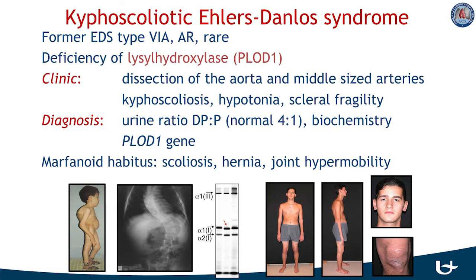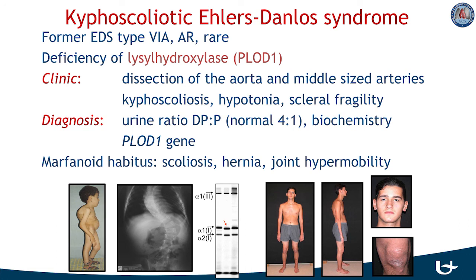A final form of Ehlers-Danlos syndrome is the Kyphoscoliotic type of Ehlers-Danlos syndrome, which is the former type 6A. It is also autosomal recessive and is caused by a deficiency of an enzyme called lysyl hydroxylase, which is encoded by the PLOD1 gene.